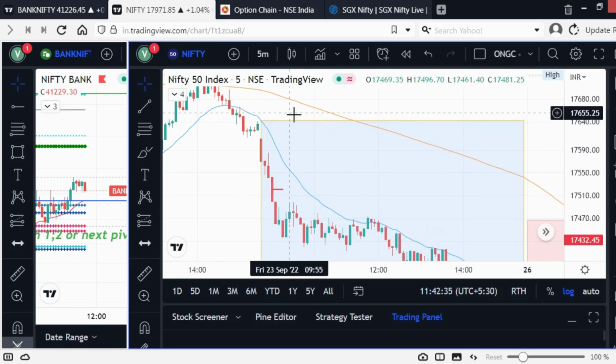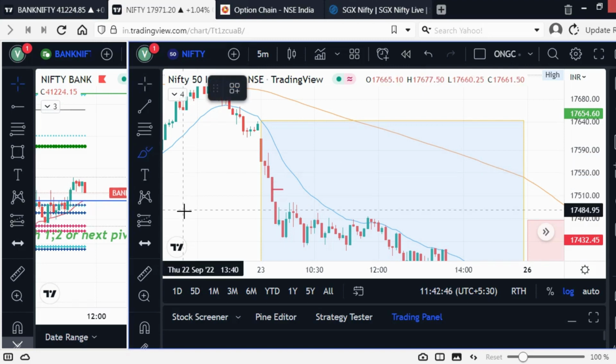You can check whether it is in uptrend or downtrend with the help of this. This is for downtrend. I will show you what it is for uptrend.